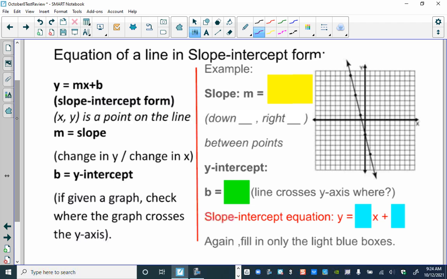Now, if we go from point to point, it doesn't matter which 2 points you use. Are you going up or down from getting from point to point? Down. Went down how far?